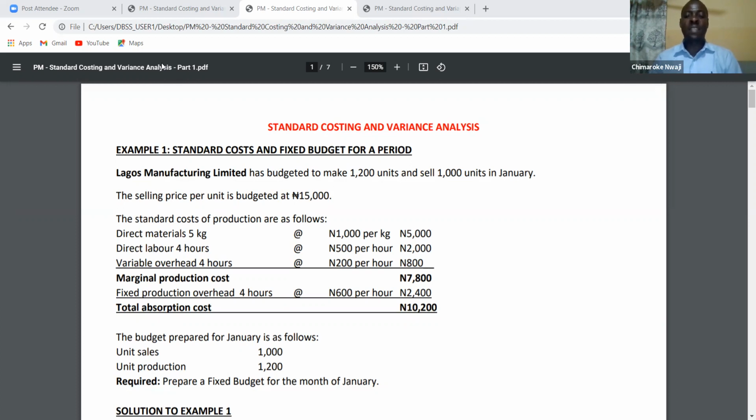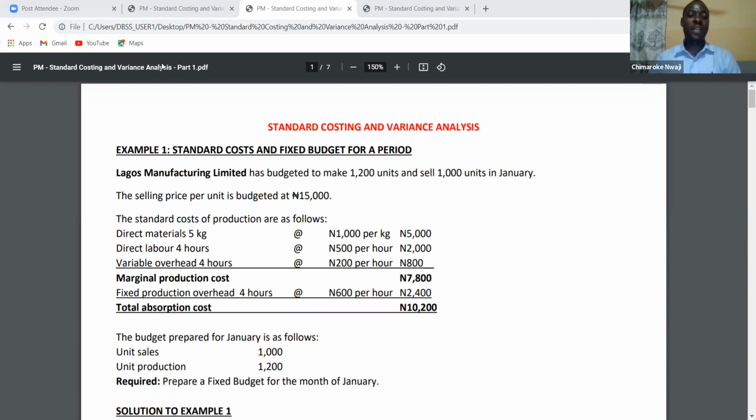When we add the fixed cost to our marginal production cost, we have a total absorption cost of 10,200. It means in this our special bread, one loaf costs us 10,200.